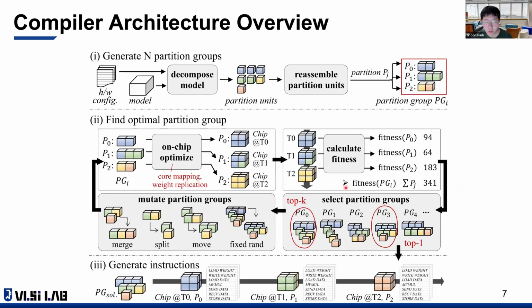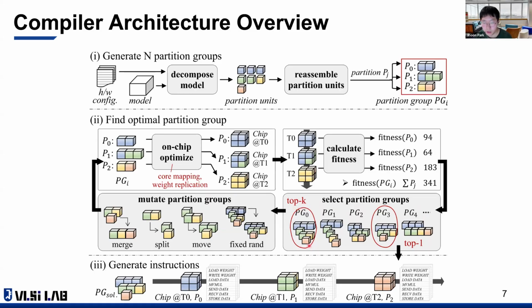For this partition group we might get PG0, and for another we can get PG1, and there can be a lot of fitness values calculated for random partition groups. From those partition groups, we select the ones to mutate.